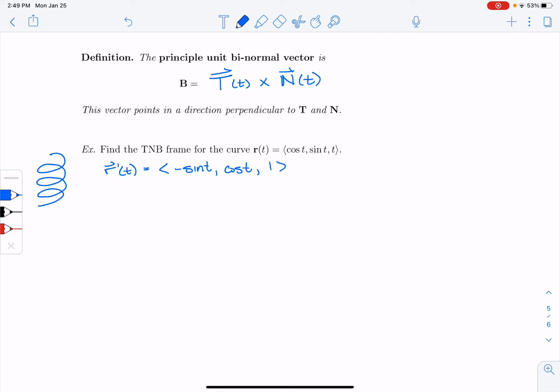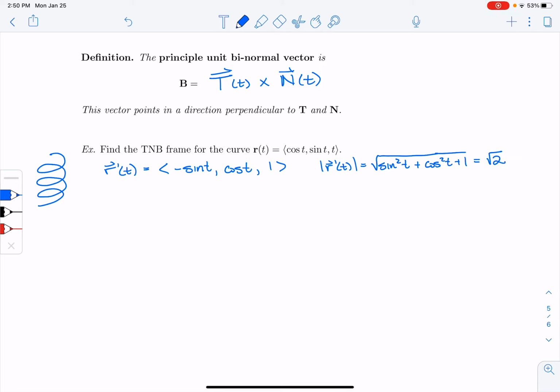And then we need to find the length of r prime of t, which is in fact the square root of sine squared t plus cosine squared t plus 1. And so the length is the square root of 2.